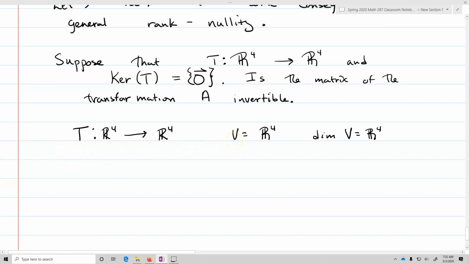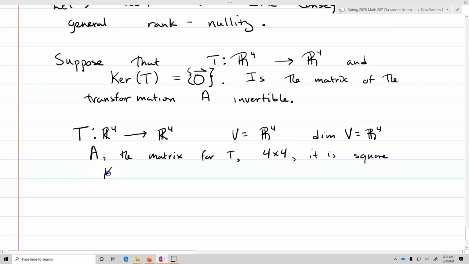Now, there are a couple things that I might want to notice here too. In a previous section, we talked about how big that matrix is, right? So if we think about A, the matrix for T, it will be 4 by 4. It's going to take vectors in R4 into vectors in R4, and so if you kind of shape that, that's going to end up being 4 by 4, right? Which means it is square.